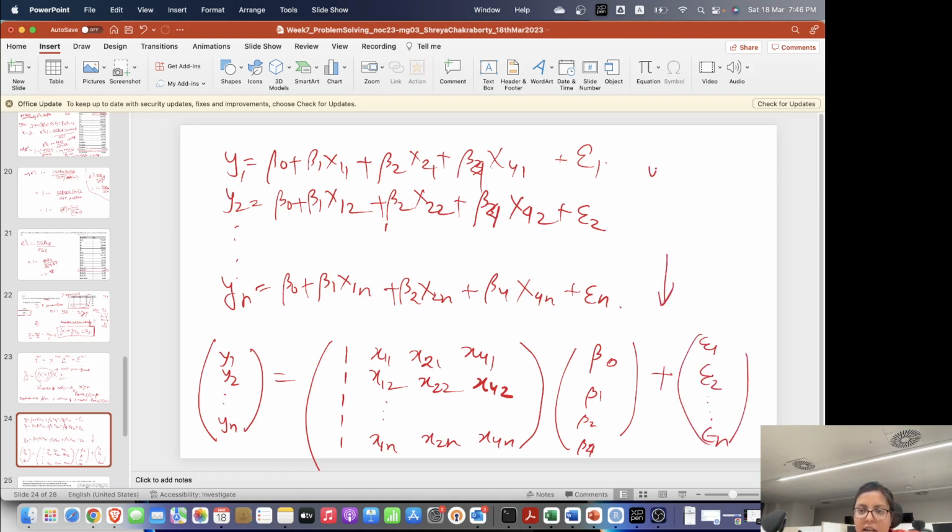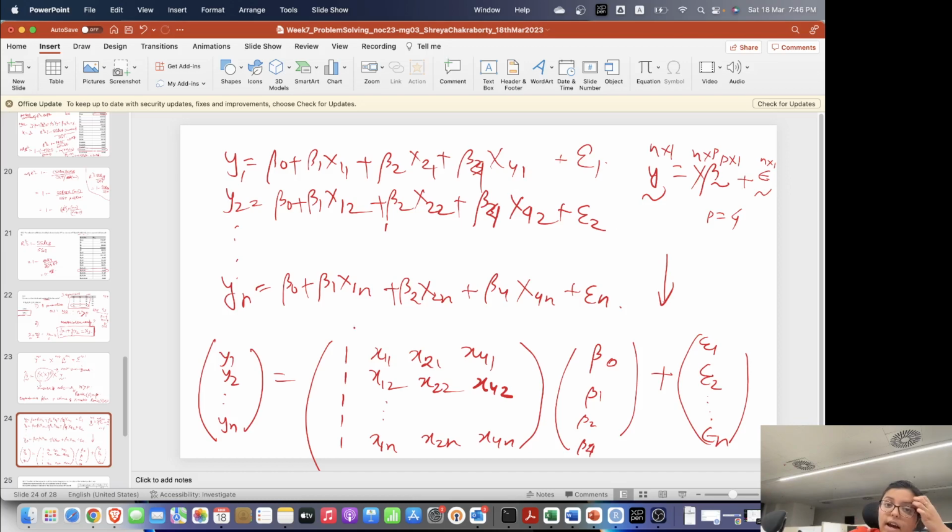This is the same as y n cross 1 equal to X beta plus epsilon n cross 1, where X is n cross p and beta is p cross 1. Here p, let's say, is 4, the number of parameters to be estimated.